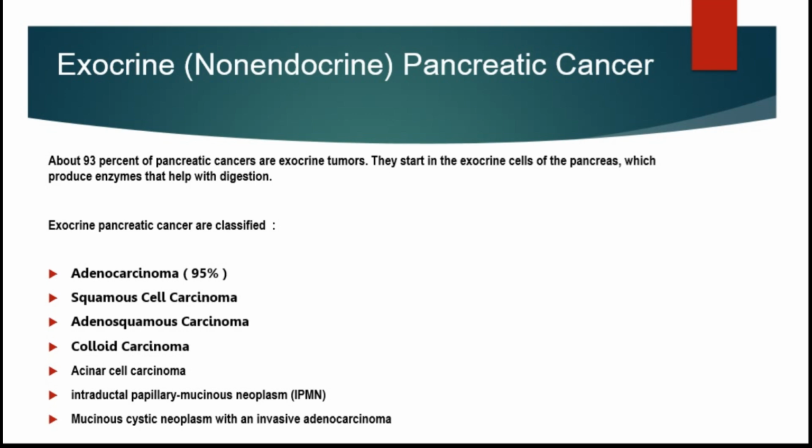By cells called the islets of Langerhans, which secrete insulin, glucagon, and vasoactive intestinal peptides. If these cells have a tumor, there will be an endocrine tumor of the pancreas. But the vast majority is exocrine.